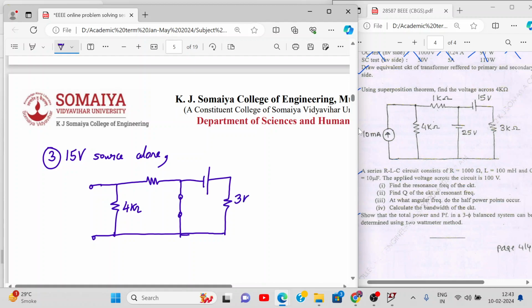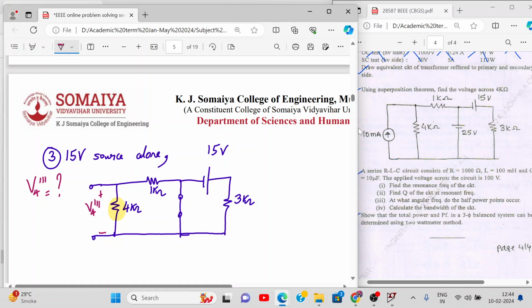Now tell me, how will you solve this further? 15 volt, 1k. We cannot touch this. We need to find the voltage across this, V4 triple dash. So what is V4 triple dash?